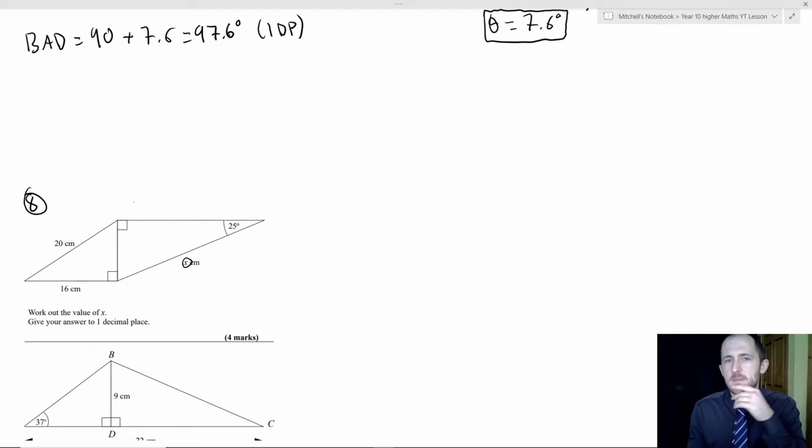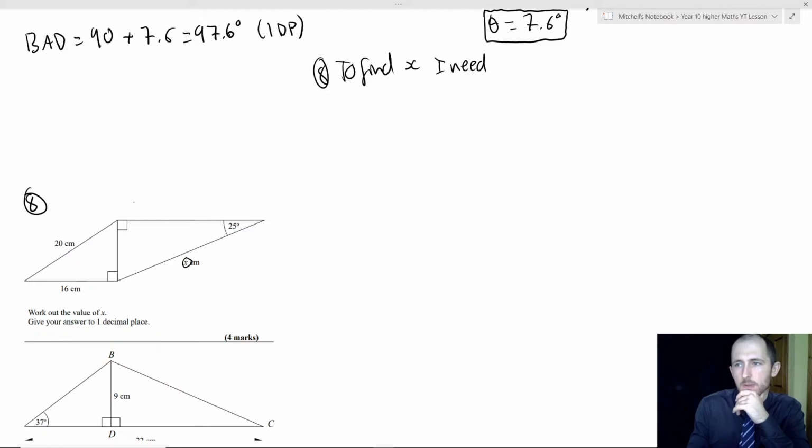However, can we work out some information? So what do we need to work out x? To find x, I need another side, right? So either this one or this one.